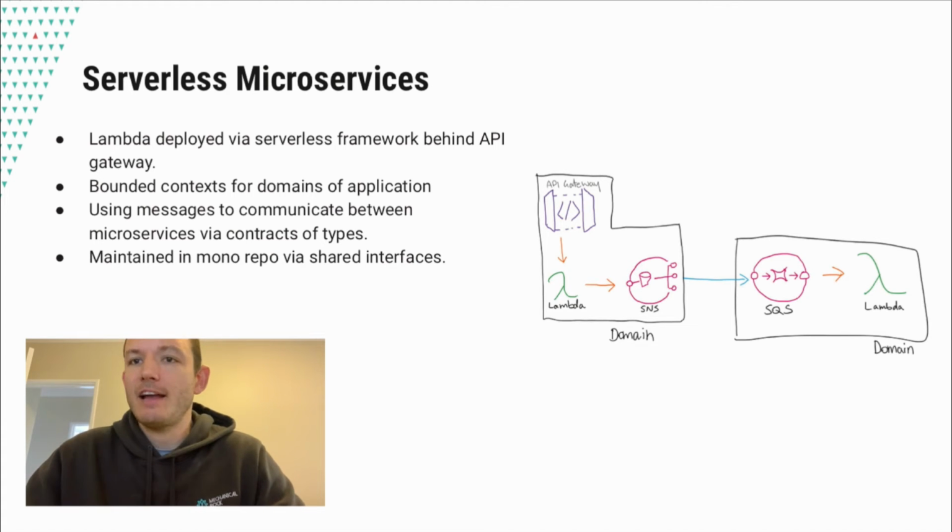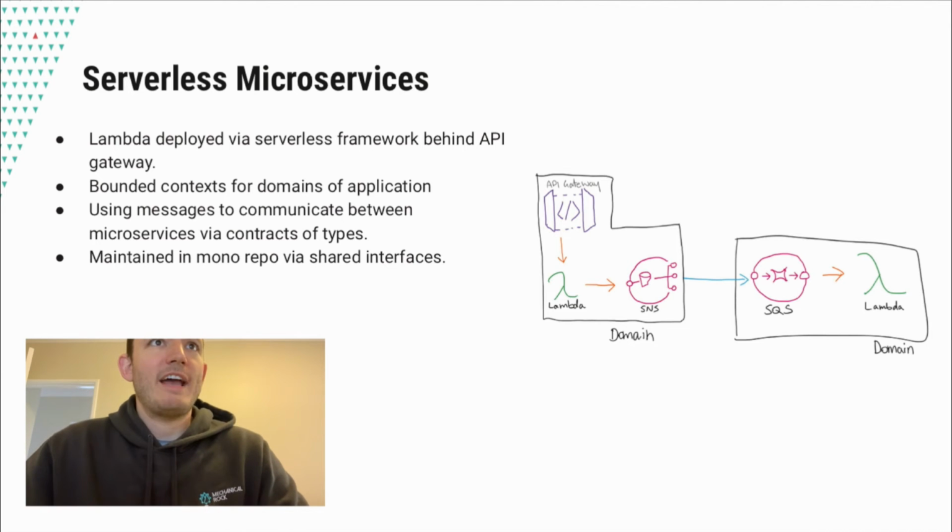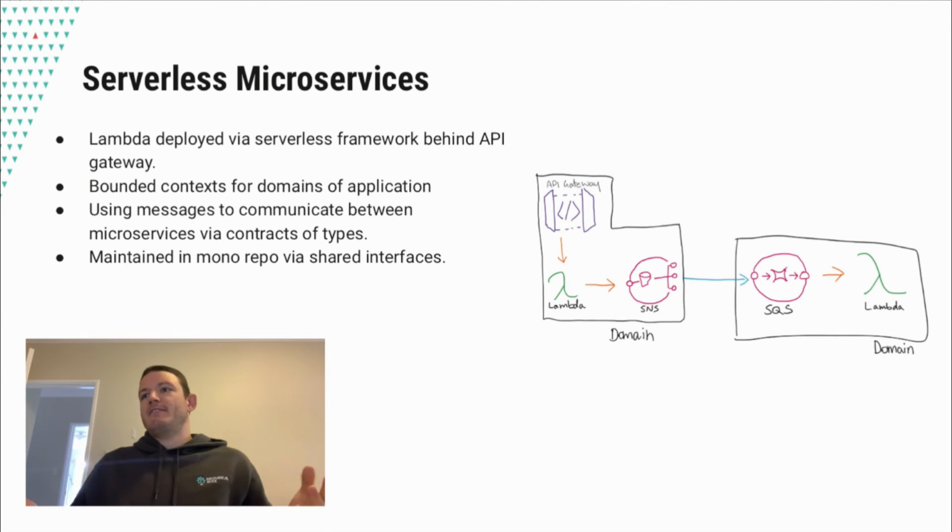This can be anything, but in this case, it's an SQS queue in the other domain, which then talks to a Lambda, and then you can either put data into a data store, or you can retrieve information from S3 or whatever.